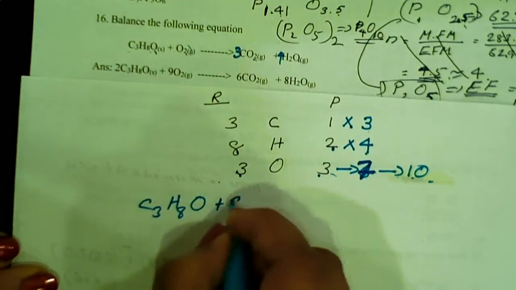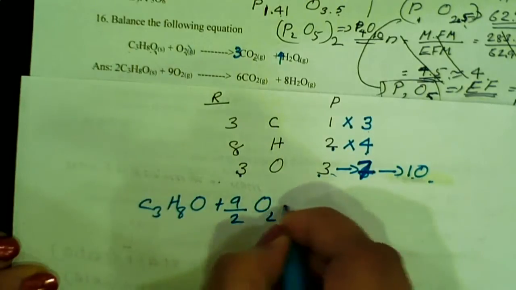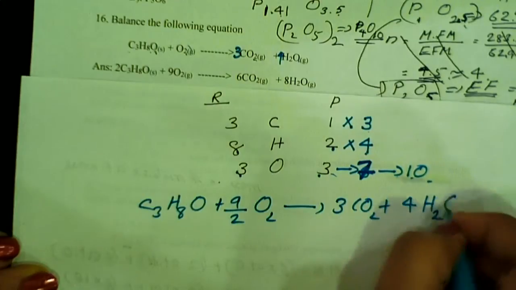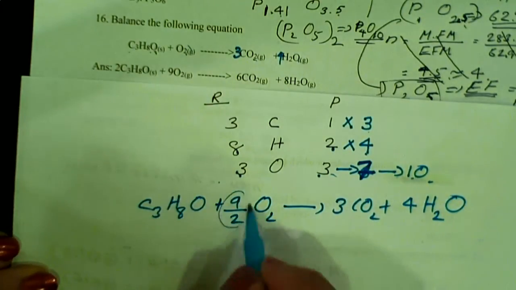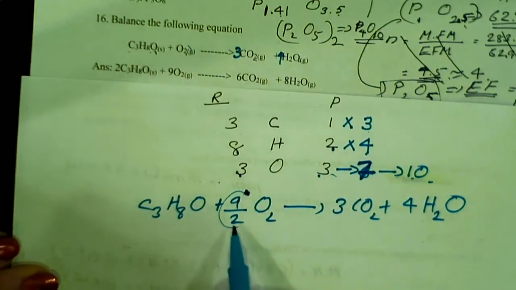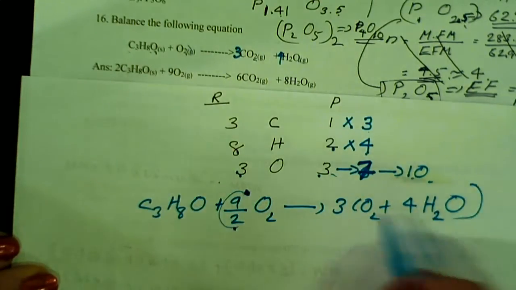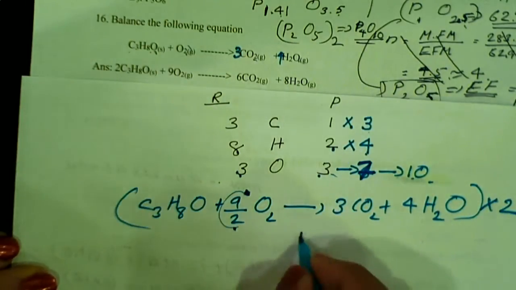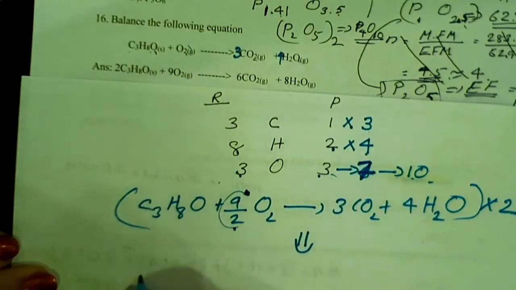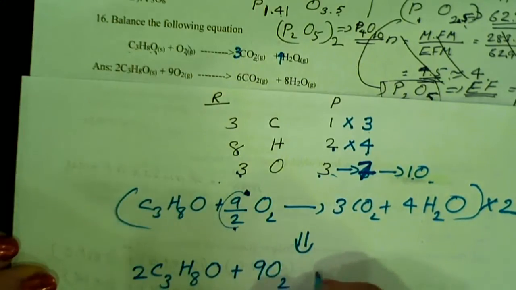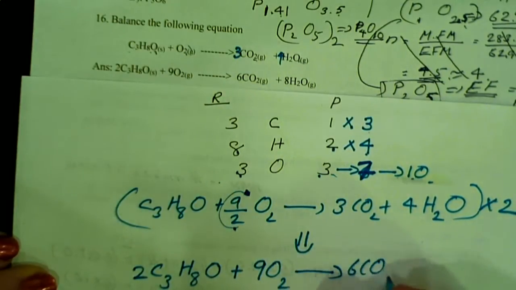So to get 10, this one must be 9 and this one is 1, right? So 9 plus 1. So you have to get 9 in this side, so you have to put the coefficient 9 over 2 for this oxygen. So C3H8O plus 9 over 2 O2 gives you 3 CO2 plus 4 H2O.